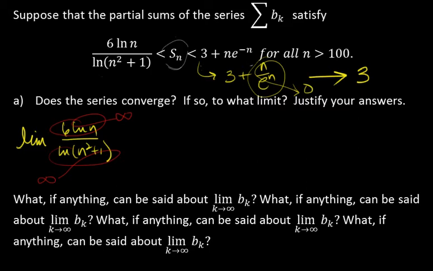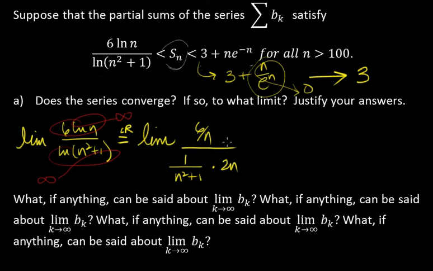So we can use L'Hopital's rule. Now, I wrote in the limit, so I'm going to use proper notation and not use those arrows that I always use. This will be equal to the limit, using L'Hopital's rule, of 6 over n over 1 over n squared plus 1 times 2n.